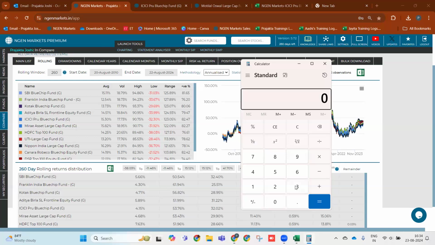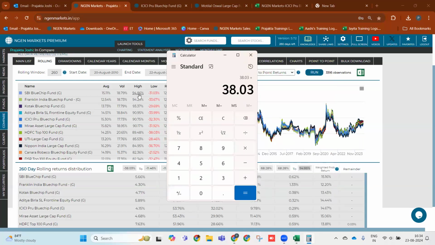We'll consider negative 38.03, which is the lowest, and add the uppermost interval, that's 94.86. So that's 132.89. This is the entire range of returns in which the returns of all of these funds have gotten plotted somewhere or the other.